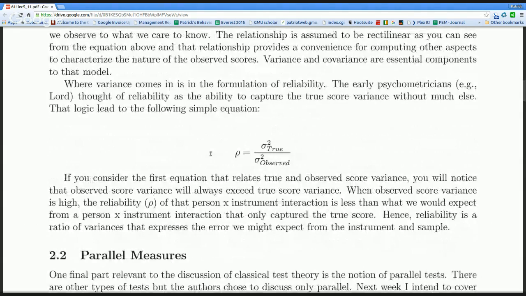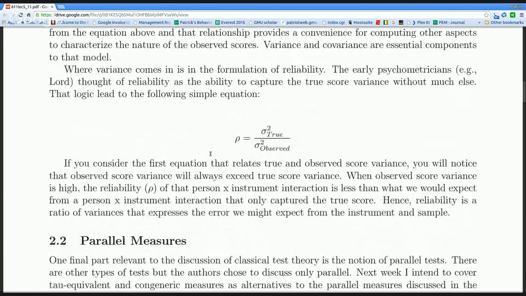And then Fred Lord was a pioneer in psychometrics, among many things. But one of the things that he suggested was that the logic of reliability as an estimate should be a ratio of variances, much like ratios of variances are part of, as I said before, all of statistical procedures. But in this one, it follows suit with the idea behind classical test theory, that you have true score variability and observed score variability.